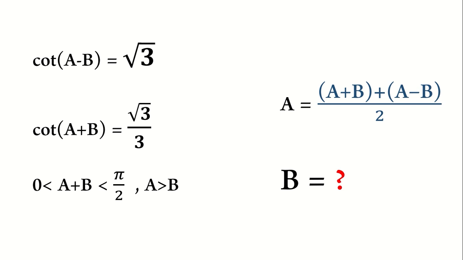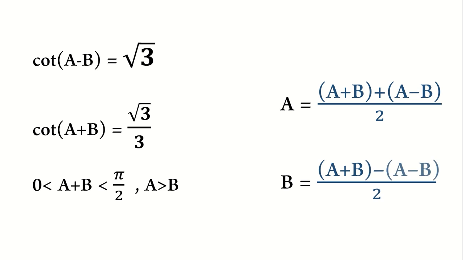So the terms of positive B and negative B cancel each other, and the remaining thing is 2A, which is divided by 2 to get the angle of A. And for B, we have A plus B minus A minus B. So the A terms cancel each other, and the B terms strengthen each other to give 2B. And 2B divided by 2 gives us the angle of B.